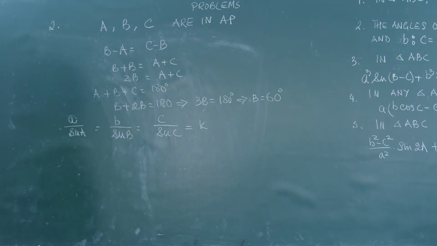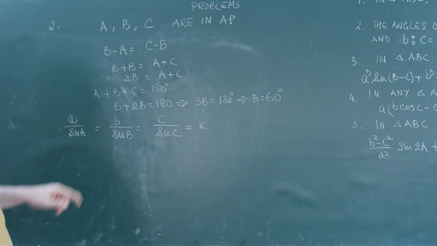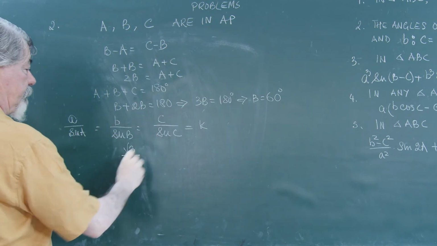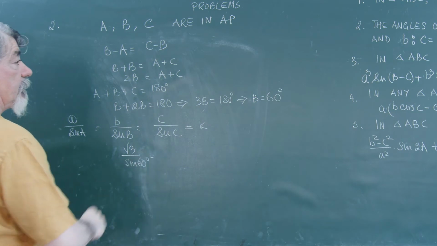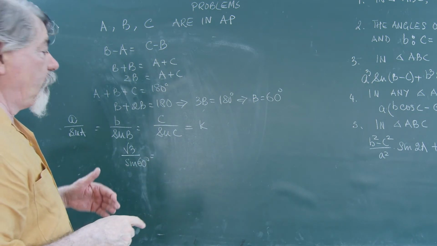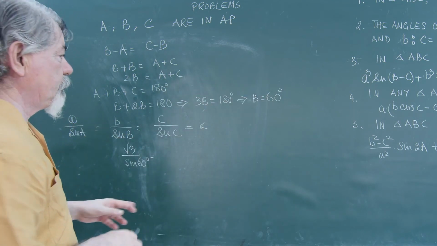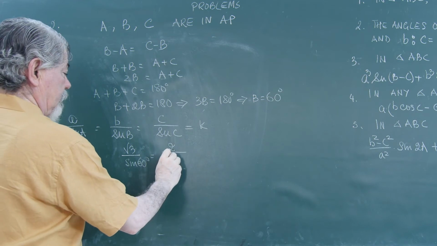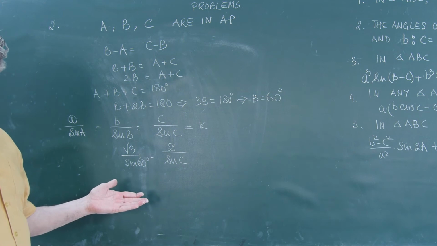B is given as root 3, so root 3 upon sin B, where sin B means sin 60, is equal to 2 upon sin C. Because they are given in the form of roots and ratios, it's alright. From this I will be able to calculate the value of sin C.